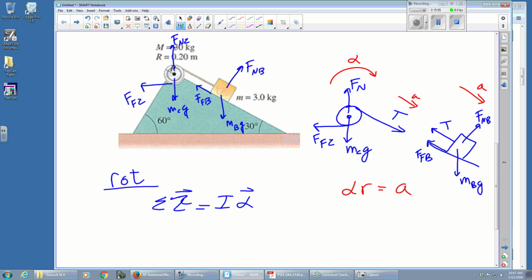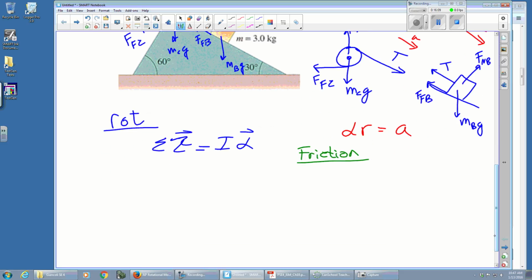Maybe I should do it as an aside here. Let's do friction over here. We'll look at our two frictional forces and make a couple of assumptions. We're going to say the frictional force of the cylinder is mu times the weight of the cylinder.